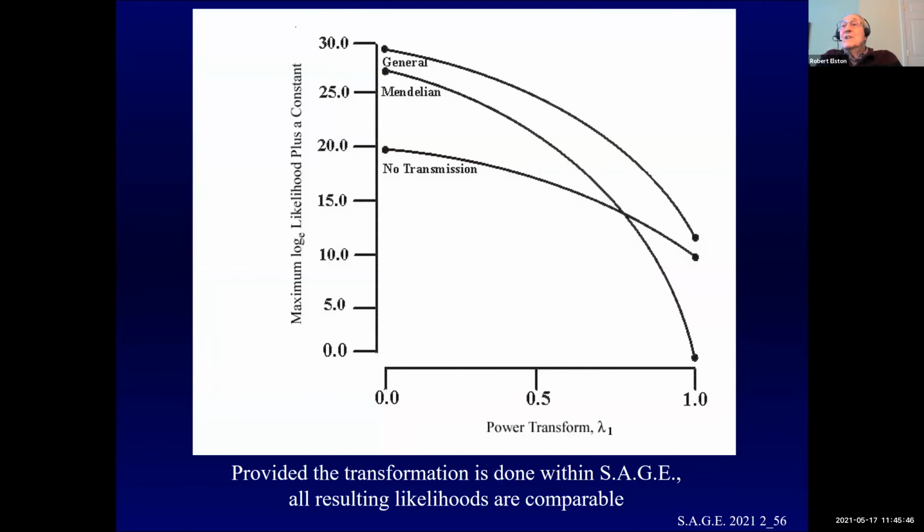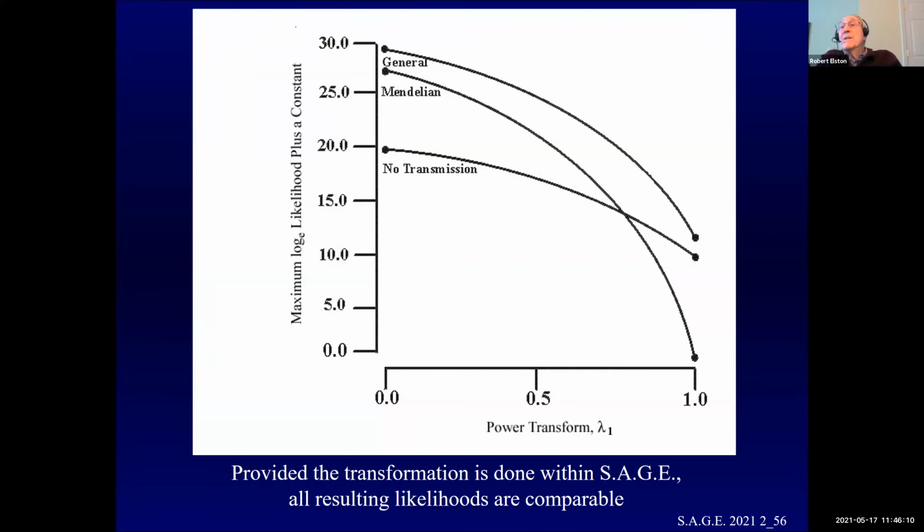Now let's look at this, and actually this is from some actual data. So provided the transformation is done within S.A.G.E, all the resulting likelihoods are comparable. Now, supposing you get something like this. We will talk in a minute about a general model, a Mendelian model, and a non-Mendelian, if you like, no transmission at all.